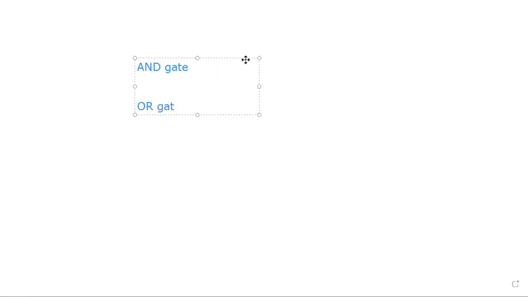So what is an AND gate? Let's try to explain it with a picture. We will draw an AND gate as this, and basically it contains two inputs and one output.